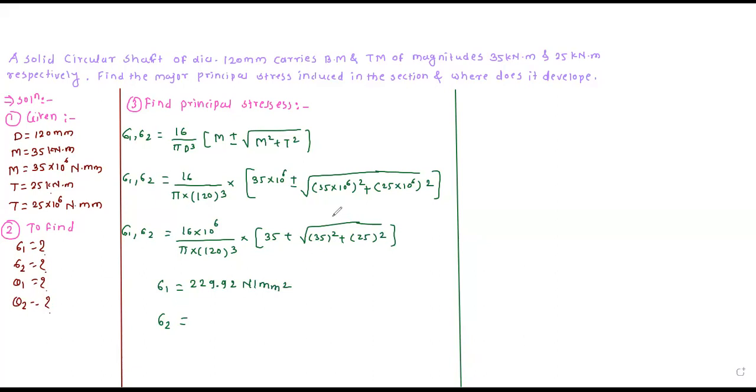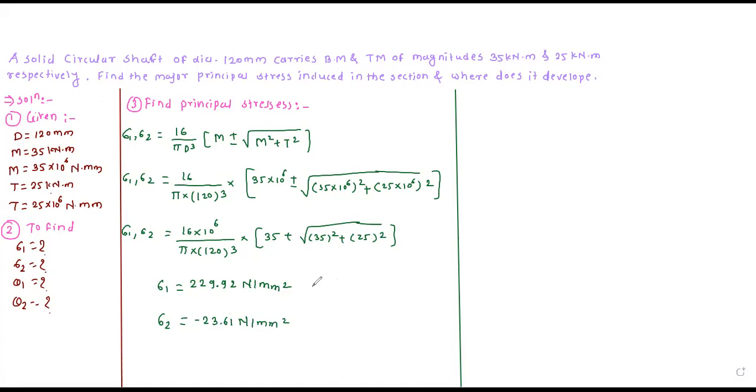Okay. So please check once again. Then sigma 2, which is equal to minus 23.61 Newton per mm square.